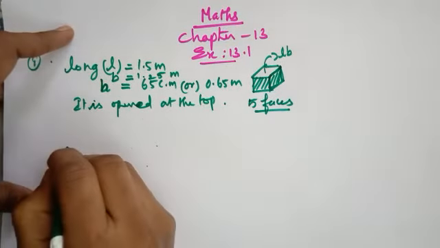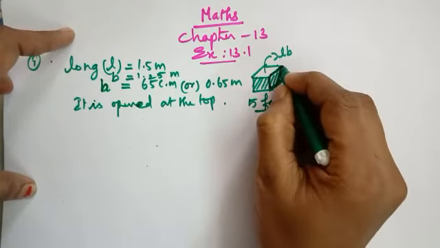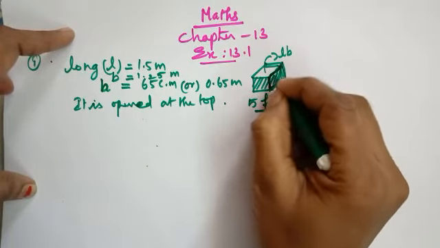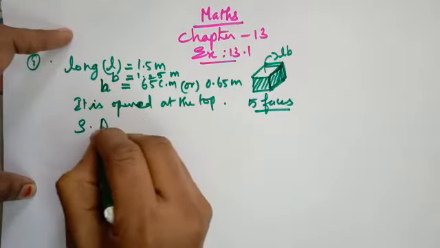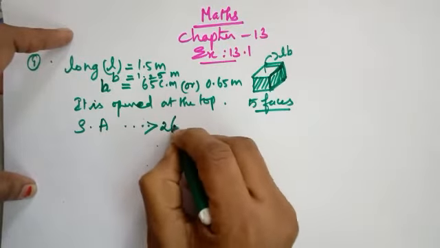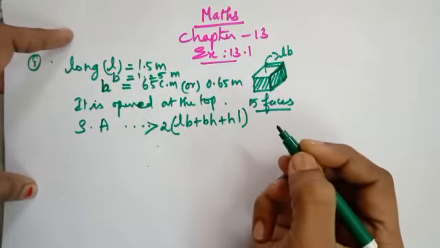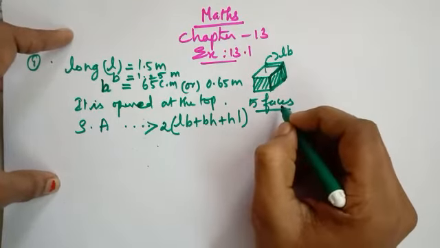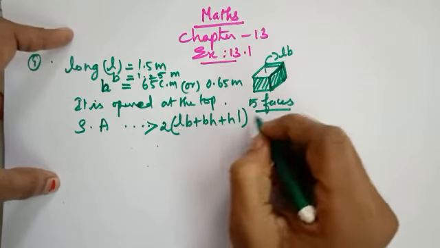Students listen. Surface area of cuboid, this is a cuboid. What is the formula? 2 of LB plus BH plus HL. But we should find the area of 5 faces only, without the top, so minus LB.